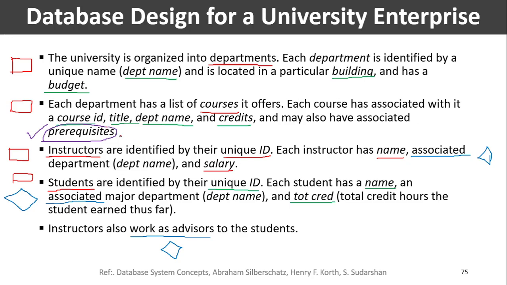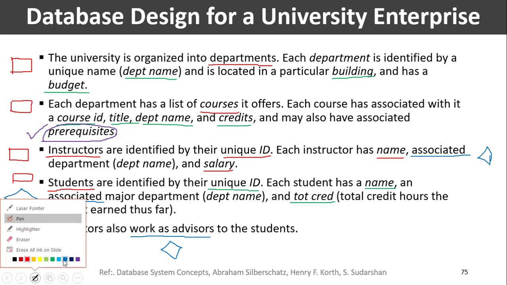Further, as we mentioned here, the information is provided that the department is offering the courses, okay, and courses may also have associated prerequisites. So for one course, another course might be the prerequisite. So here we may think of this prerequisite, right, as the relationship.